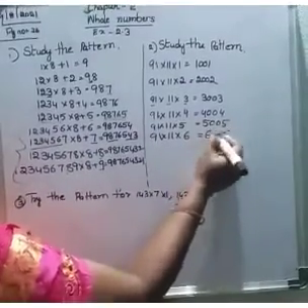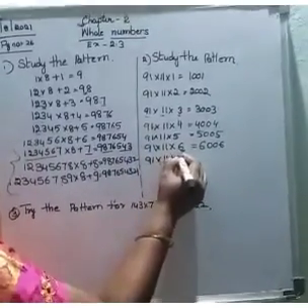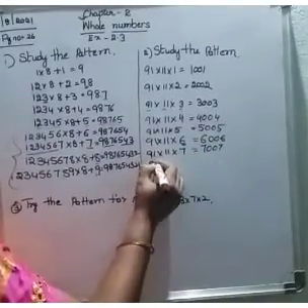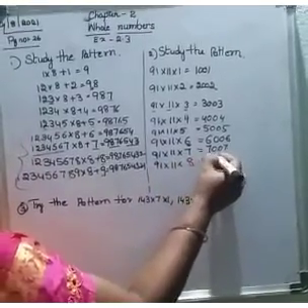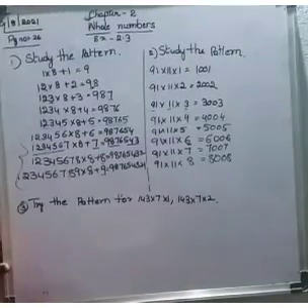Because here the multiplier is 6, no? That's why. 91 into 11 into 7 is 7007. 91 into 11 into 8 is 8008. Okay?